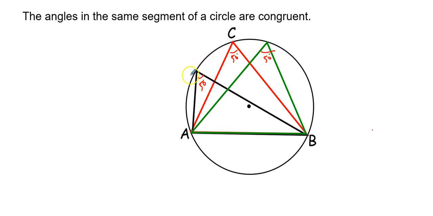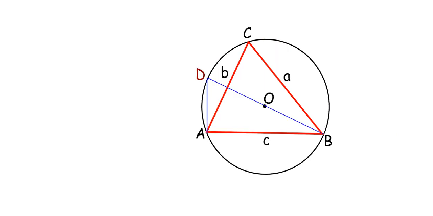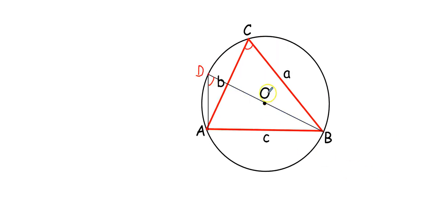In other words, we can also say that those are the intercepted angles, or the angles inscribed in the same arc of the circle, and they all have to be the same. Just remember that, because they are on the same part of the circle, they have to be the same. I need that info in order to find the relationship here.